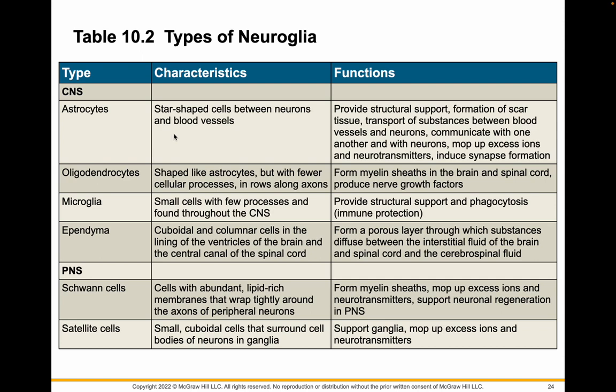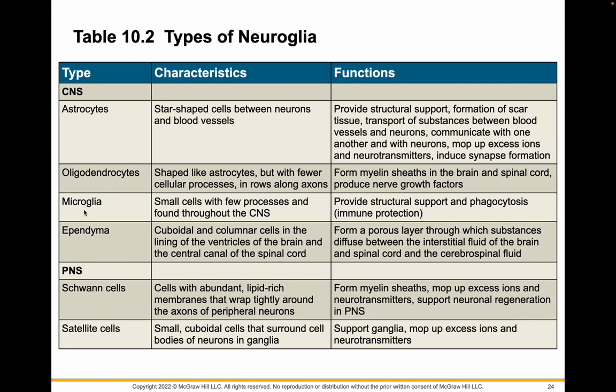So here are the types of neuroglia. Notice the PNS has the S cells, and everything else is in the central nervous system. Astrocytes, they're star-shaped, and that's how they branch out to the blood and give the nutrients from the blood to the neurons. Oligodendrocytes wrap around. They insulate the inner neurons.